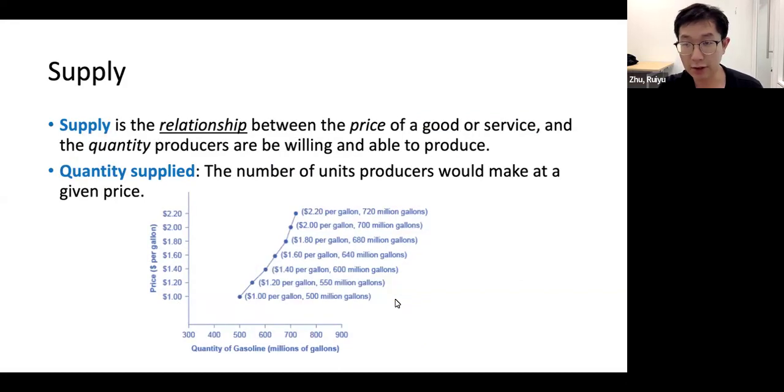Similarly to demand, we have the supply. Supply is also a relationship between the price and the quantity. That quantity is the quantity supplied by the producers. Similarly, if we have all the points and connect them together, we get this supply curve.